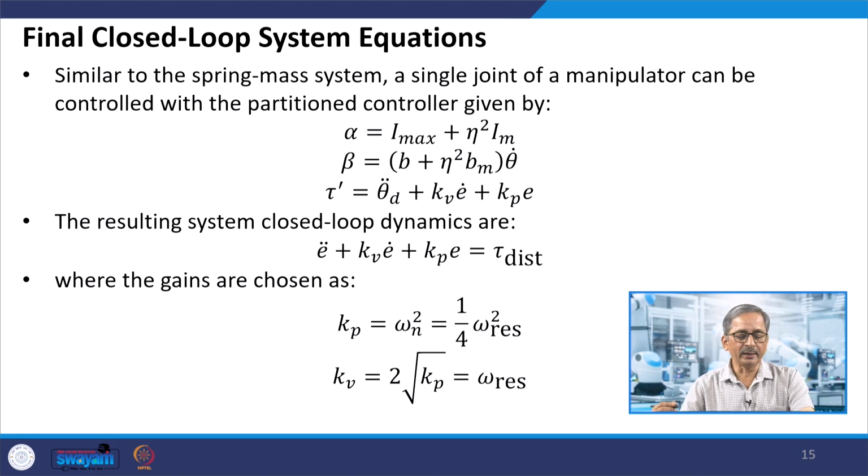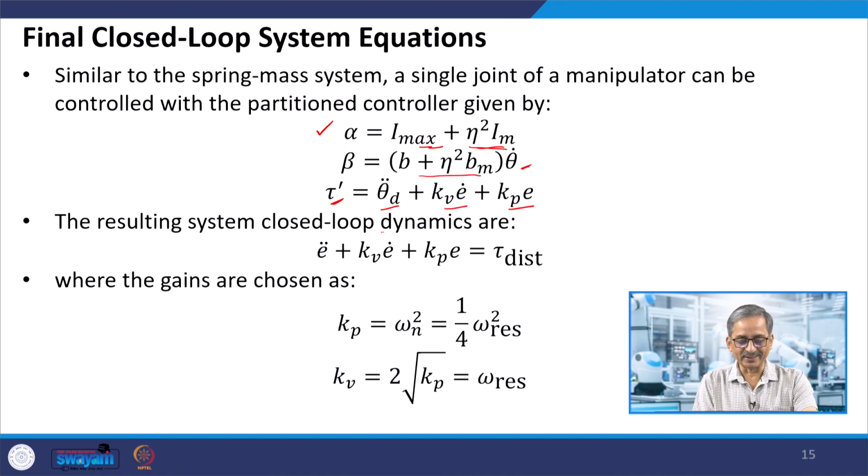So, the final closed loop system equation, similar to the spring-mass system: a single joint of a manipulator can be controlled with the partitioned control law, which is given by alpha as I_m plus eta squared I_m, beta as b plus eta squared B_m times theta dot, and so your tau dash is going to be theta d double dot plus Kv e dot plus Kp e.